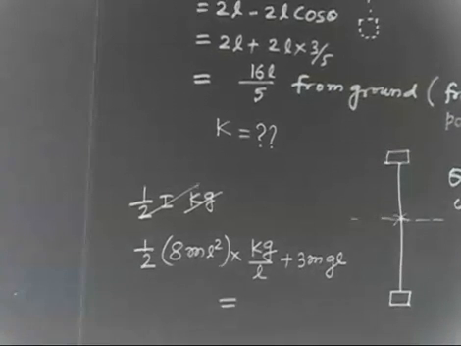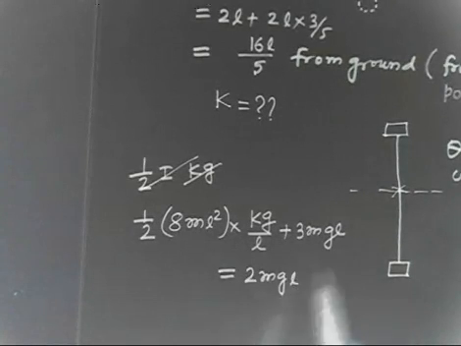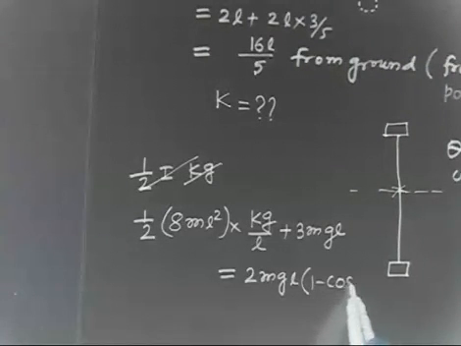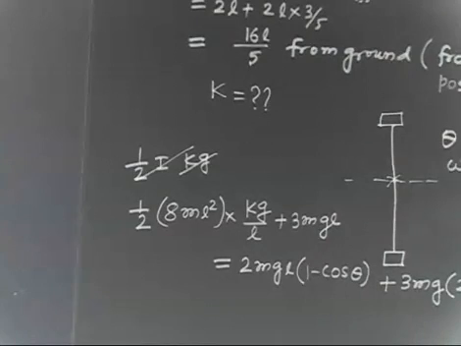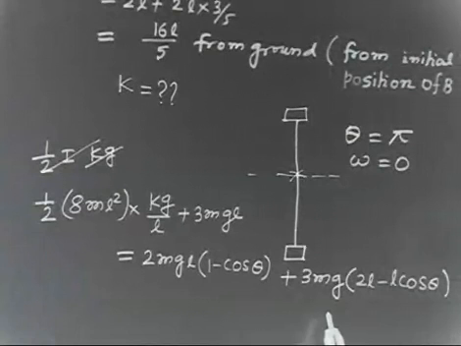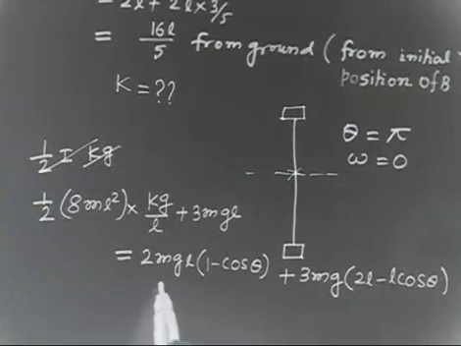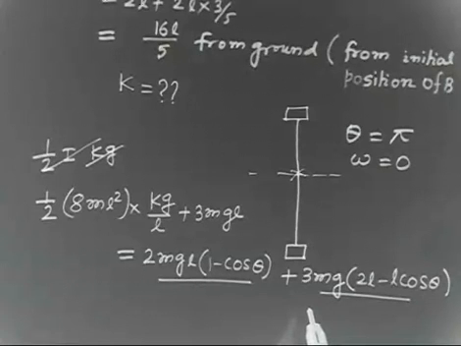This is equal to the energy: mg 2l times 1 minus cos theta, I am simply repeating, plus 3mg times 2l minus l cos theta. And you will also have a kinetic energy, half I omega squared. This is the potential energy. You see the previous page.